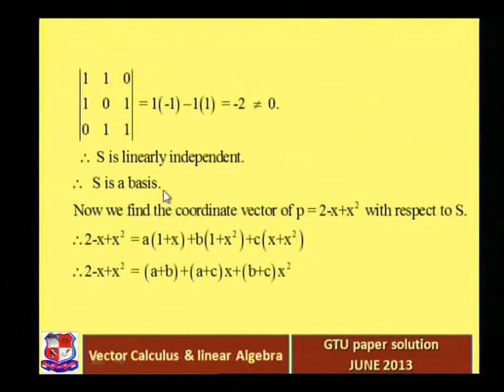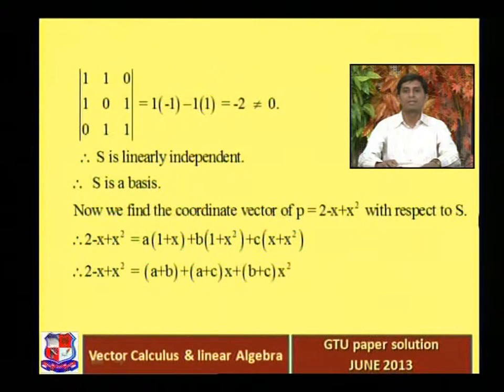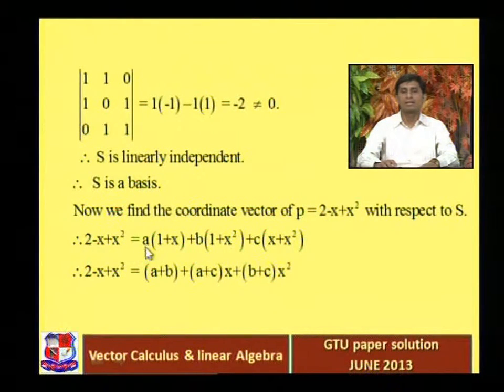Okay. Now we find the coordinate vector of P, that is equal to 2 minus x plus x square with respect to S. This polynomial 2 minus x plus x square is equal to a into P1 plus b into P2 plus c into P3, and we have to find a, b, c.